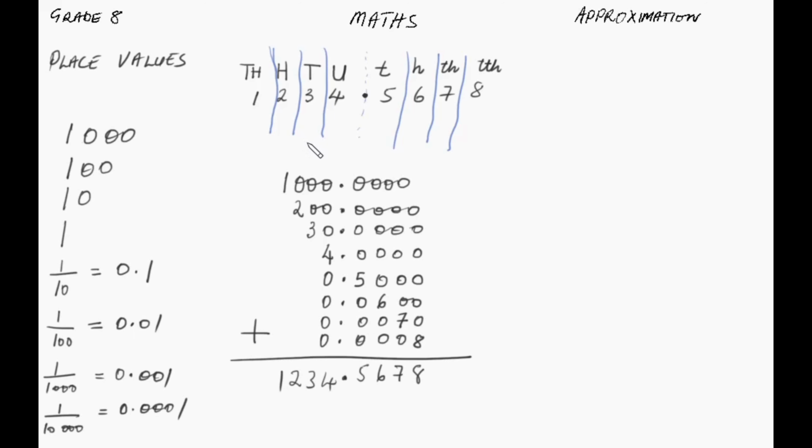When we approximate, we write down numbers to a certain place value. That means we just change a number to a certain place value. Let me give you an example here.